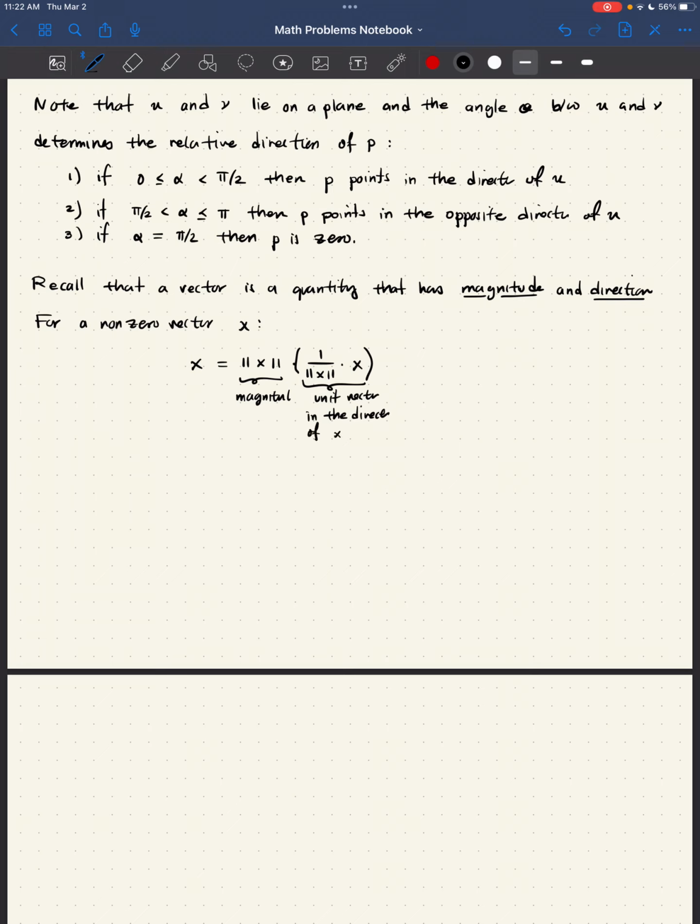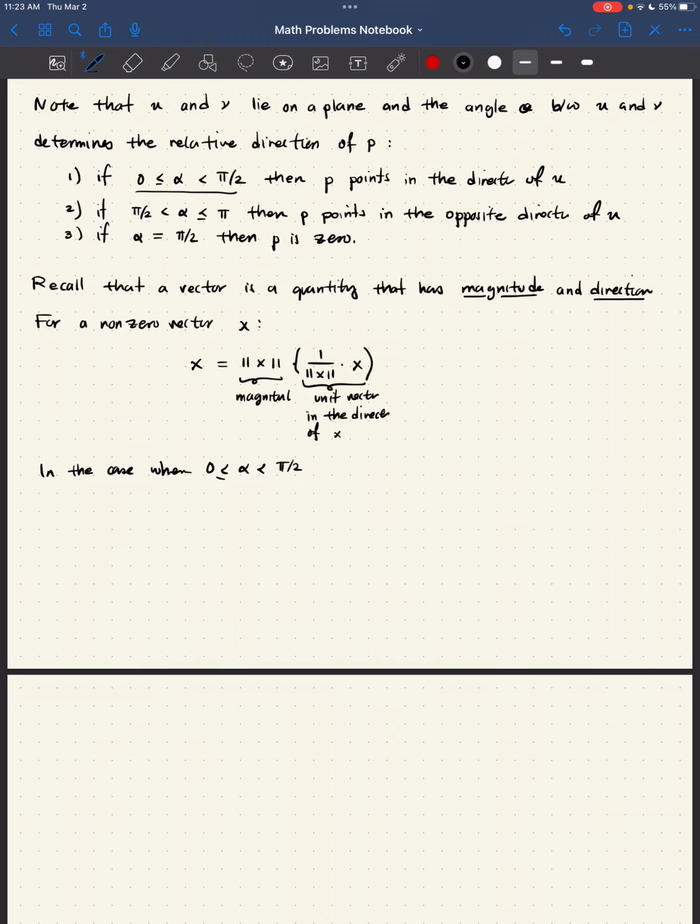So we can do the same for this projection as we are considering this case, where the angle alpha is comprehended between 0 and pi over 2. If you were to draw this on a diagram, the angle would be in the first quadrant of a coordinate plane.